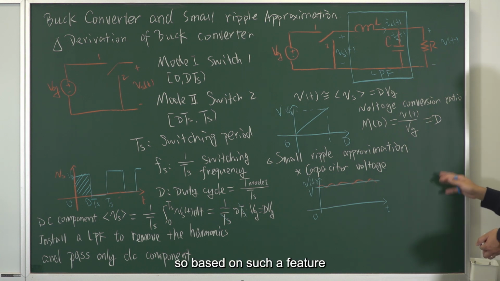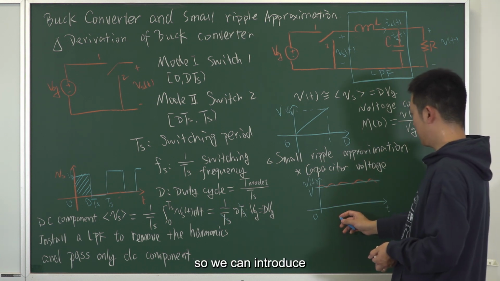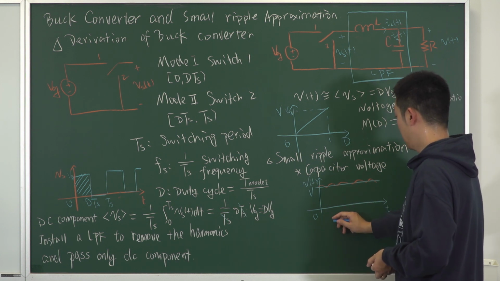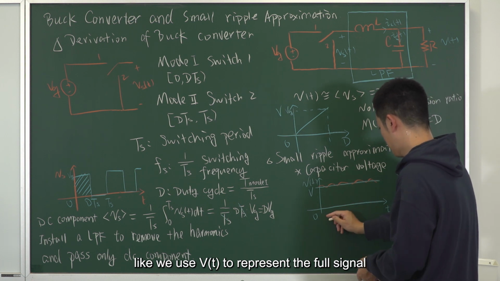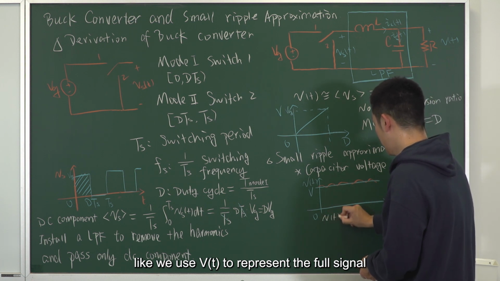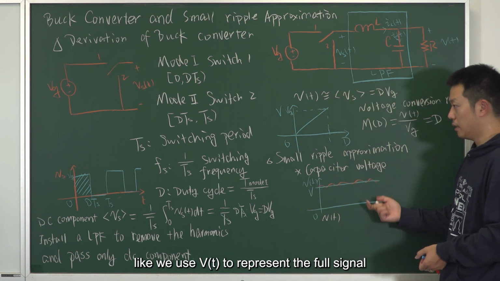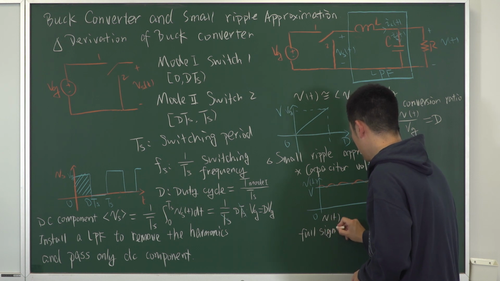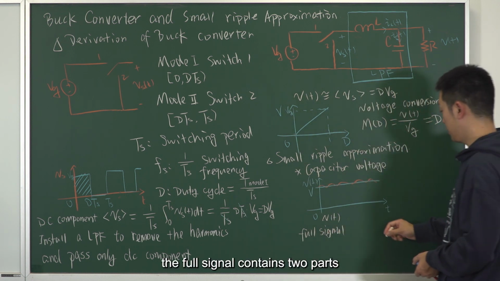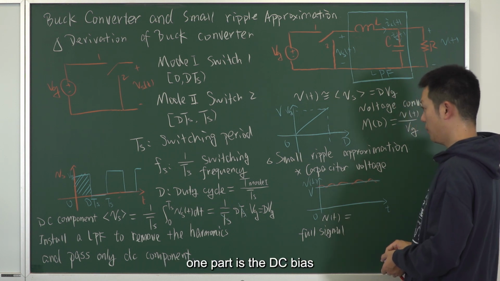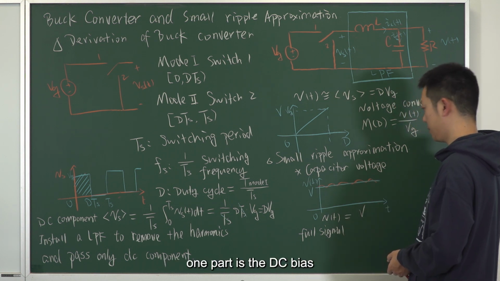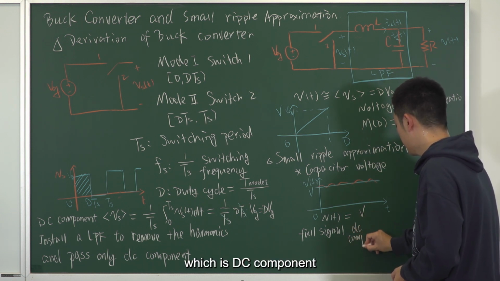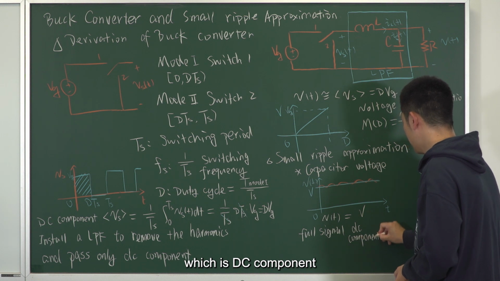So based on such a feature, we can introduce a naming system for those quantities. Like we use v(t) to represent the full signal. The full signal contains two parts. One part is the DC bias, which is the DC component.